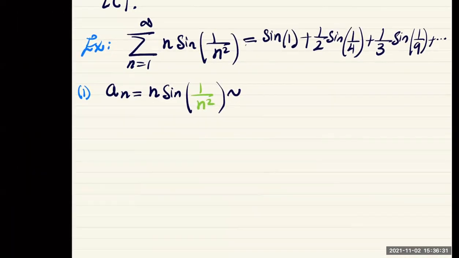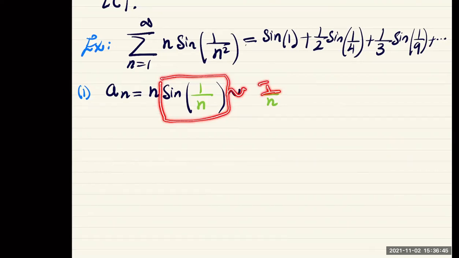If it's just sine of 1 over n, then that part is going to be asymptotically the same as 1 over n. Just this part, sine of 1 over n and 1 over n behave the same way, okay? Now, you can replace this n with anything. You can replace it with square root of n, like that. You can replace it with n cubed. You can replace it with n squared, and that's what we want.